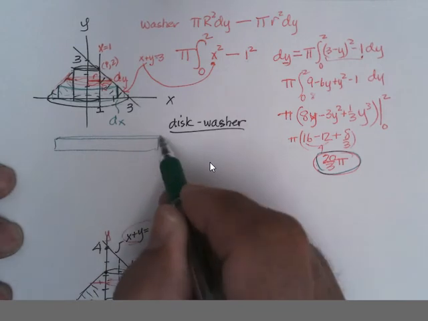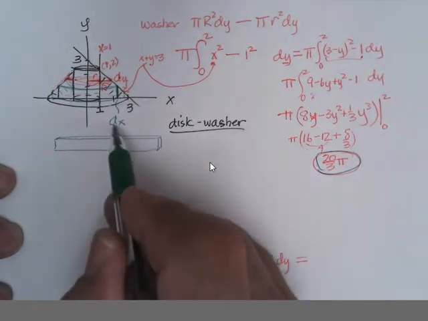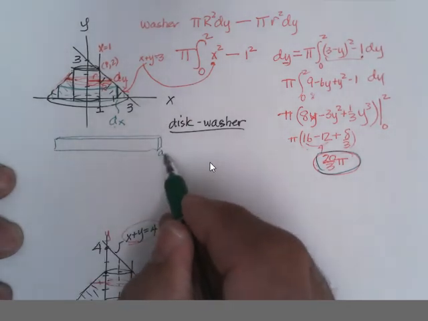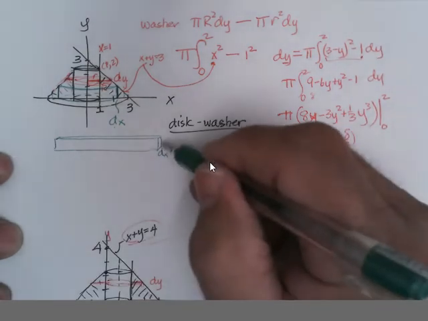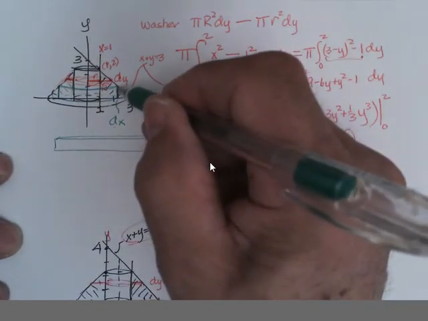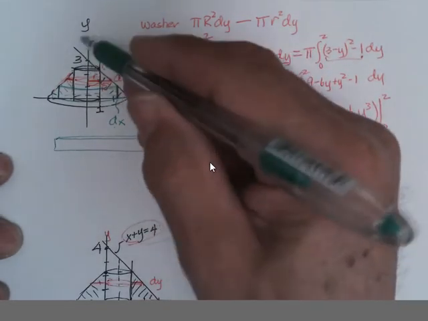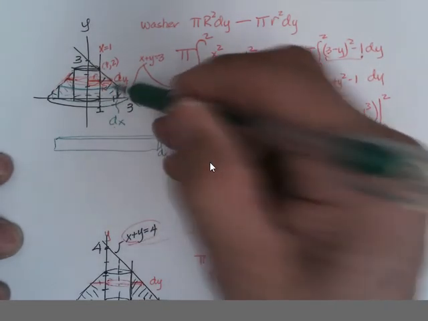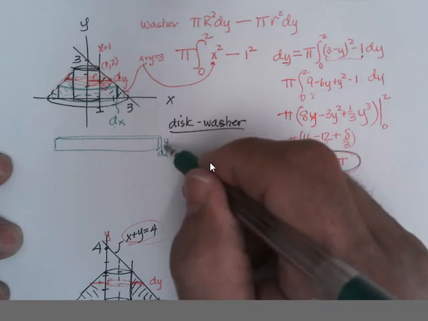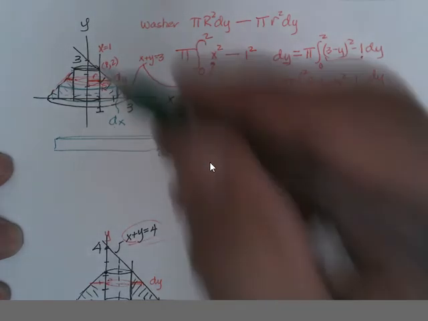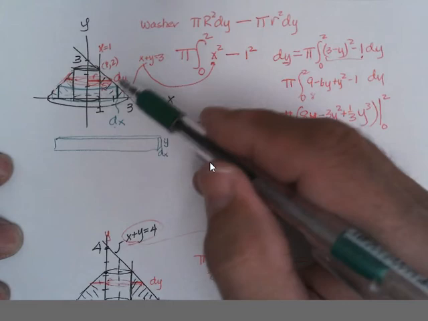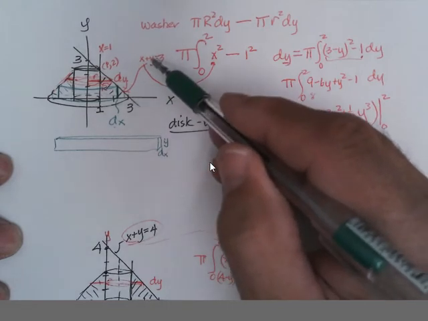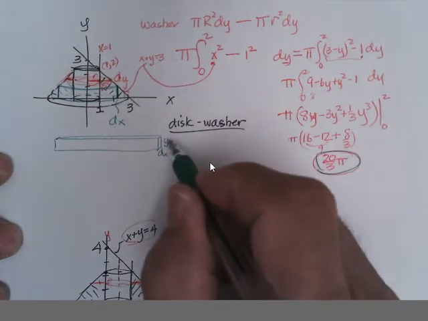The thickness is dx, and the height is this height, which is in the y direction to the curve, so it's y, but it's going to this curve, and since I'm doing dx, I'm going to need it in terms of x, and y is equal to 3 minus x.